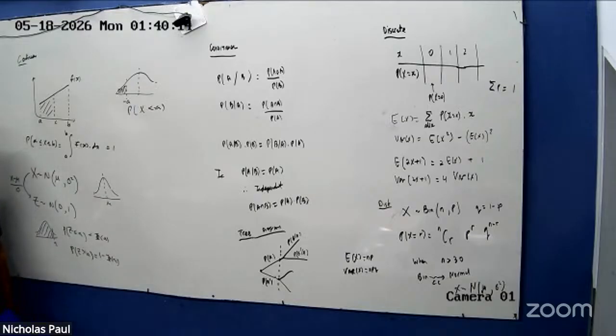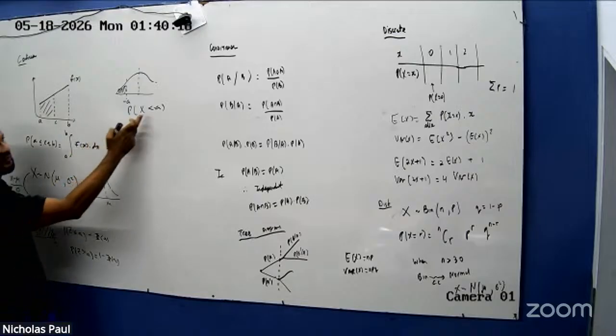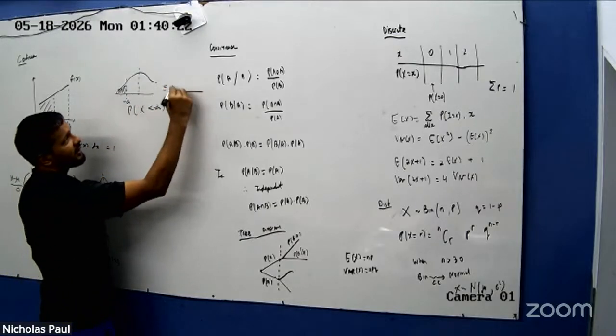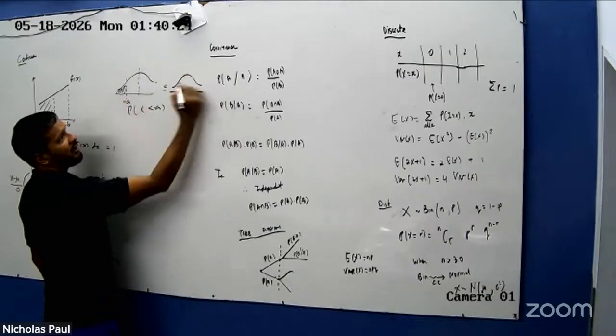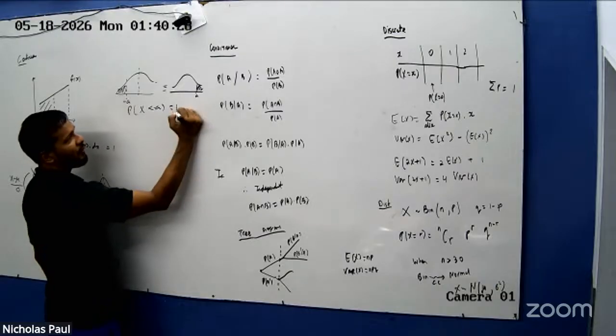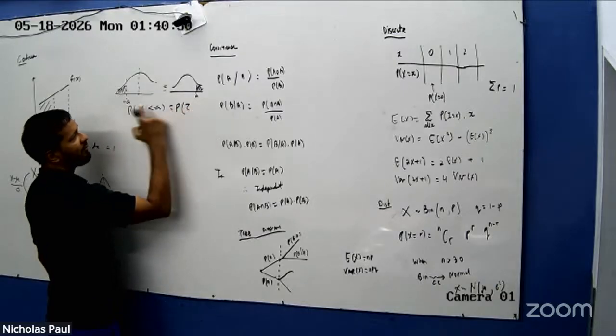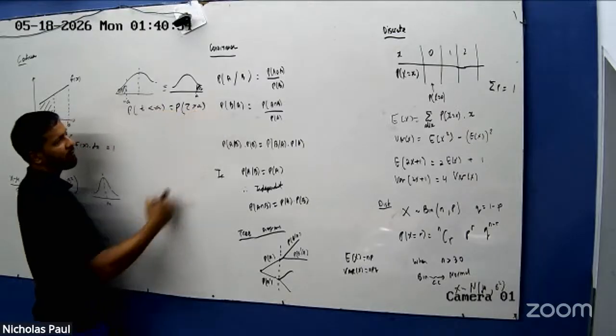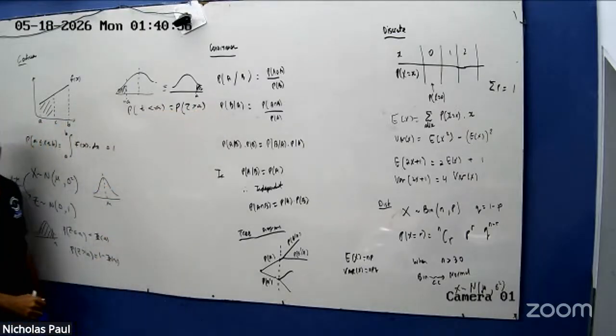You're not going to get a negative value in the table, but because it's symmetrical, this is equivalent to this. So this value is simply the probability of Z is more than A. These two are the same things.